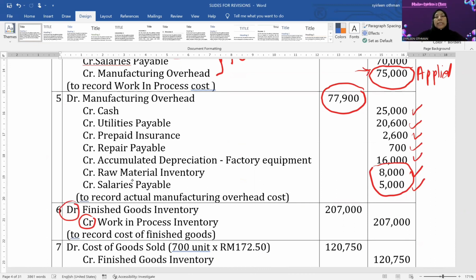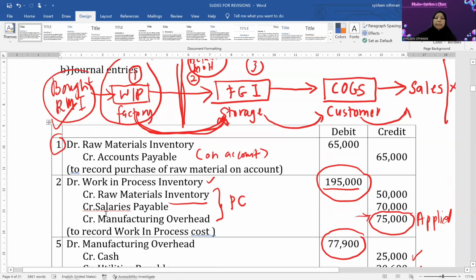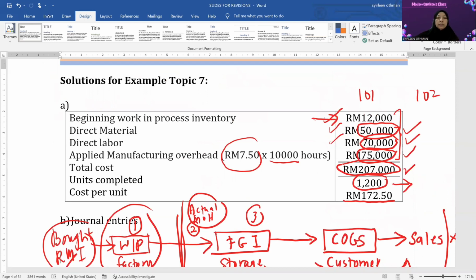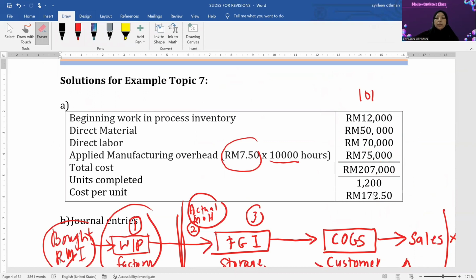So how much is finished? It says the whole thing. Make sure I don't take 195, because 195 is the current cost. But during that month, to do the production, I am also adding my beginning work in process, which is that 12,000 ringgit here. So the total cost we put into process throughout the month includes the 12,000.